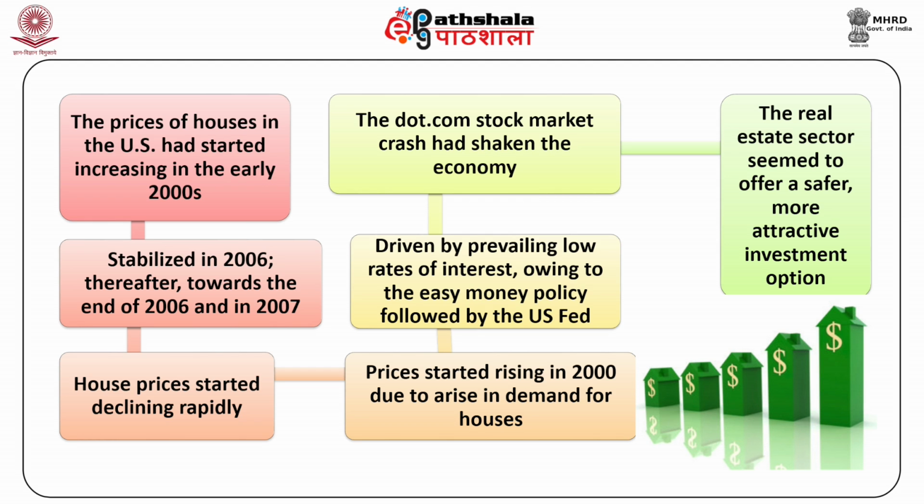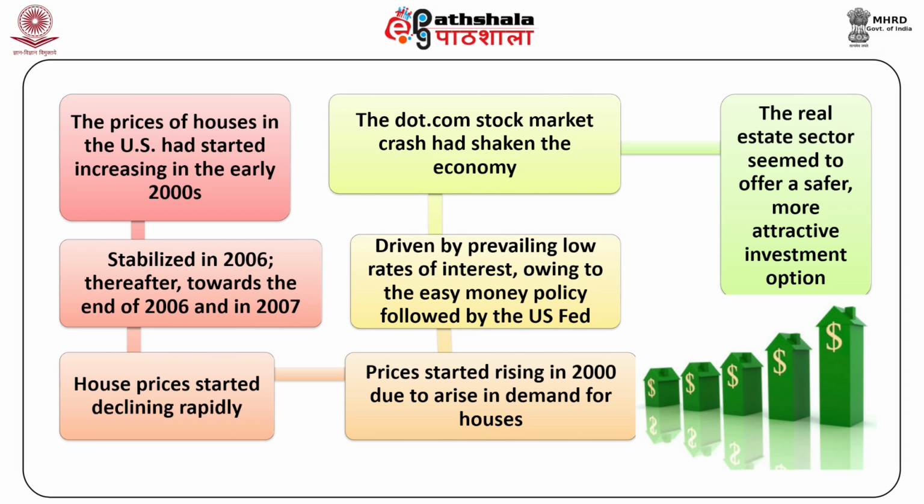Let us try to analyze why housing prices behaved in this manner. The prices started rising in 2000 due to a rise in demand for houses. This increase in demand was partly driven by prevailing low rates of interest owing to the easy money policy followed by the US Federal Reserve chief Alan Greenspan.